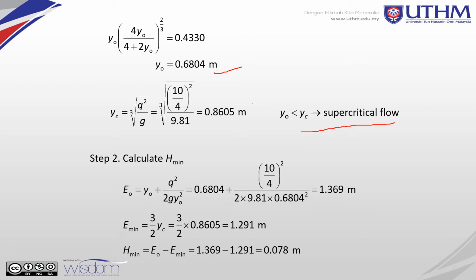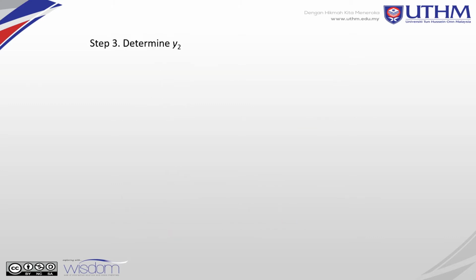Okay, step 2, calculate H minimum. Use this equation because this is a rectangular channel. So you get E0 is 1.369 and E minimum using this equation. You get this. Okay, for step 3, determine Y2.